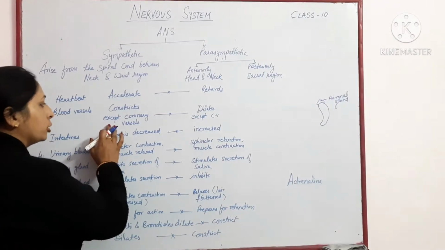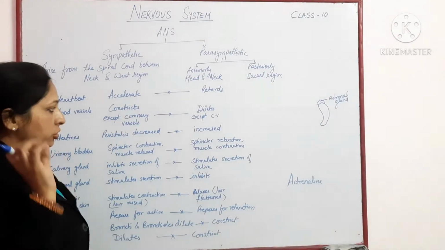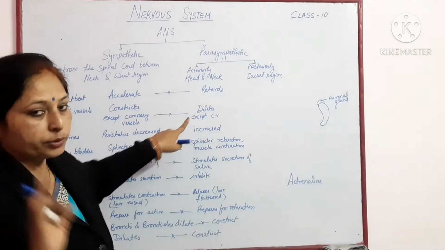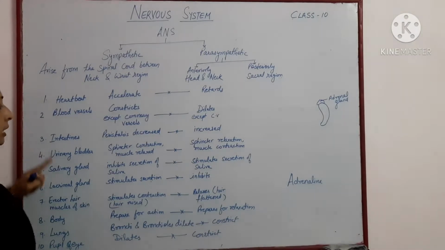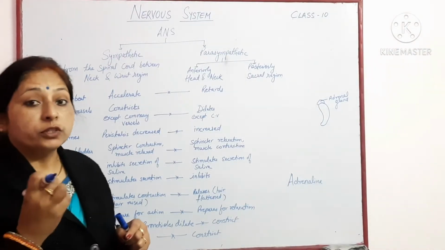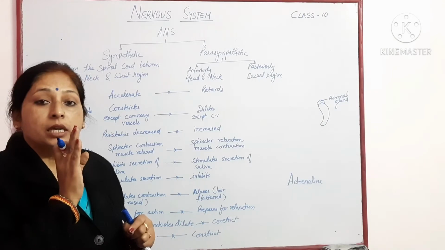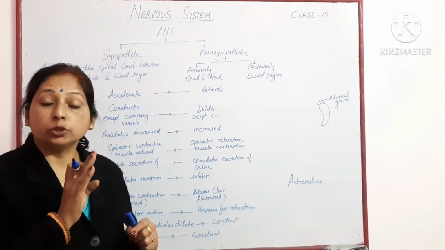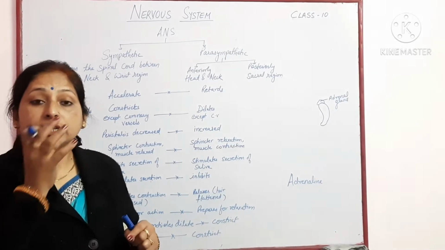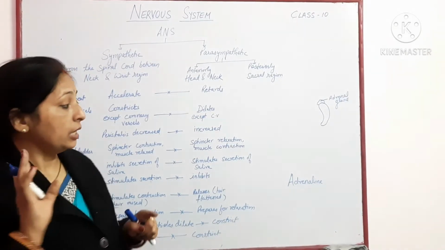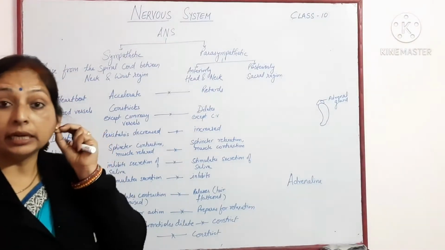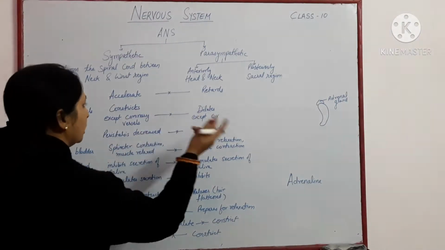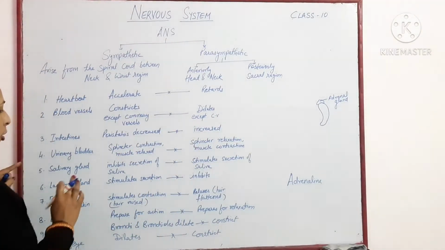So except coronary vessels, the sympathetic constricts the vessels, while the parasympathetic dilates them, except coronary vessels. Intestine: peristalsis is responsible for the movement of digested food from the stomach into the intestine, and in the intestine it is pushed downward by the action of peristaltic movement. That peristalsis is decreased in the sympathetic. Parasympathetic is just opposite.